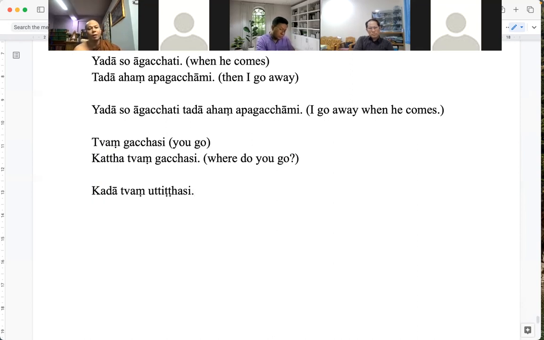We don't use a question mark, but in Roman type, maybe such a form, even in Pali, also uses the question mark to see and to know that this is a question. But without seeing that question mark also, we can see this is a question because of this ka. So even though we don't use a question mark, we can understand this question form.